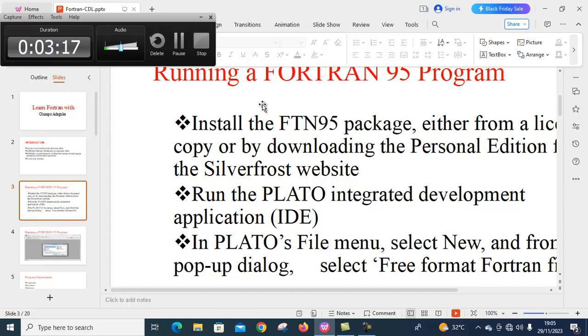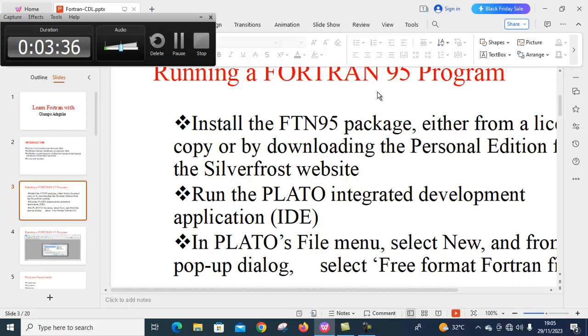In this course, we are going to talk about running a Fortran 95 program. Just as I've told you earlier, the world is advancing every day, and we need to advance too in order for us to learn more.